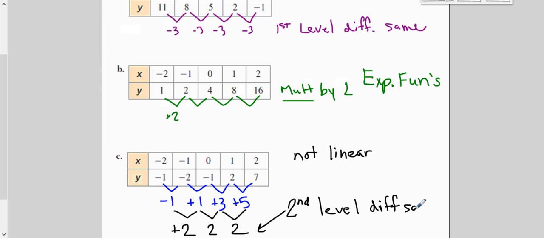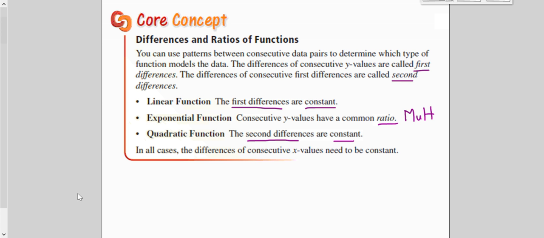So, abbreviated differences. Second level differences are the same. So what type was that? Do you remember? It's not linear. It's not exponential. What was the other one? Second level differences are constant. Quadratic function.